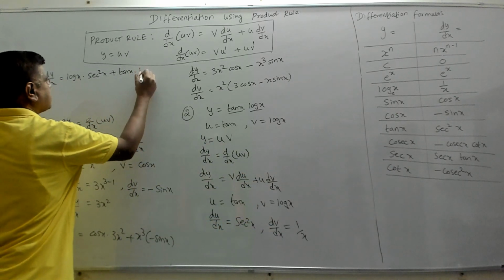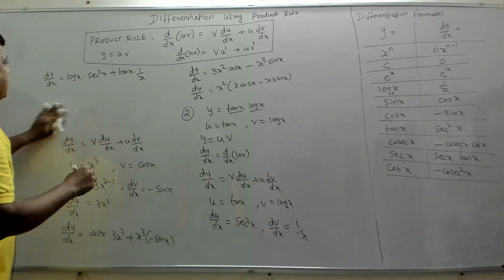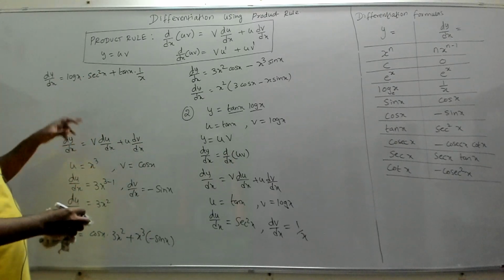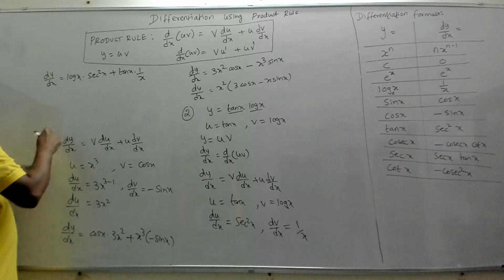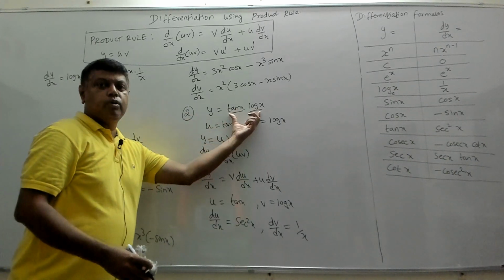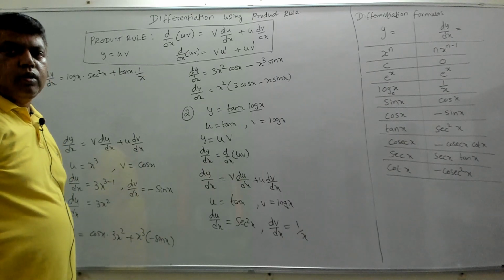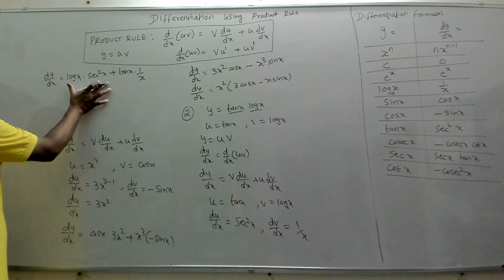So this is our final answer: log x secant square x plus tan x into 1 by x. This is the derivative of the given function y is equal to tan x into log x.